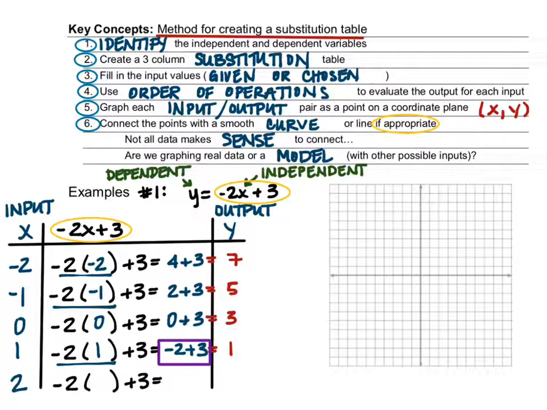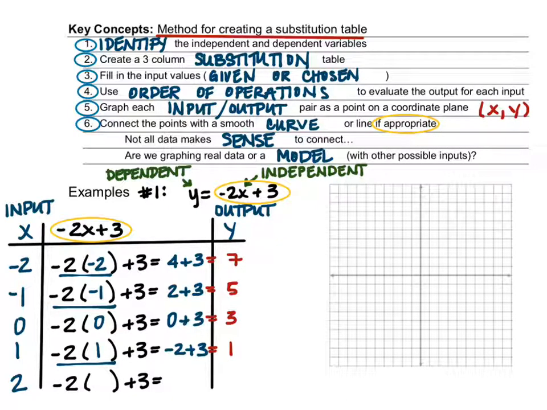So when we add integers, we essentially identify which is the larger number, and that larger number is going to win out. So the 3 is bigger than the 2, and so that's why we have a positive answer. So make sure that you're indicating those integer operations as well as the integer rules with our positives and negatives.